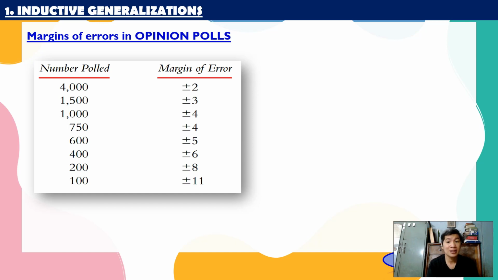Very high possibility, right? However, if you ask just 100 students, see? When you have the bigger number in the margin of error, it means there can be more errors. Higher possibility for the answer to be wrong.